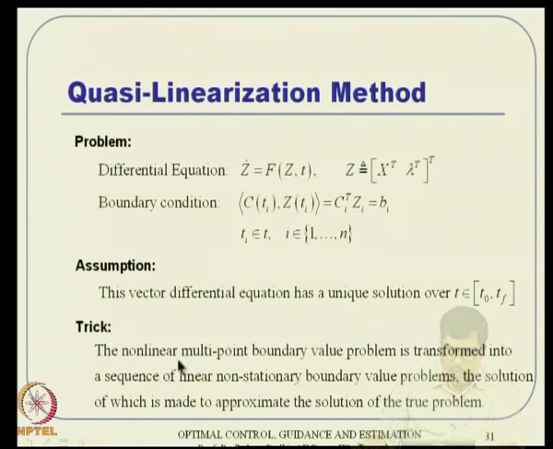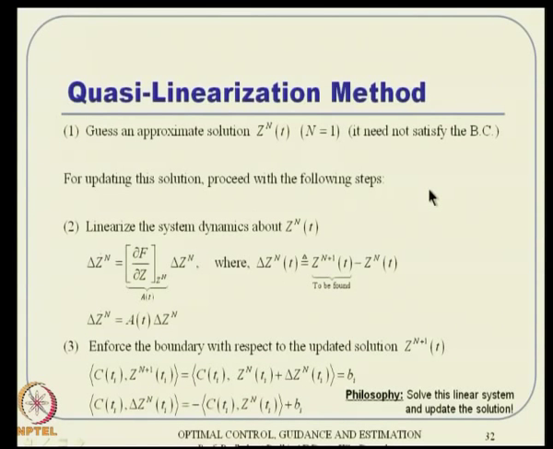So the trick here is that this nonlinear multi-point boundary value problem, it is not necessarily only a 2-point boundary value problem, is transformed into a sequence of linear non-stationary boundary value problems. And the solution will be found from there, and then it will approximate the solution of the true problem. So how does it proceed? We will guess an approximate solution first.